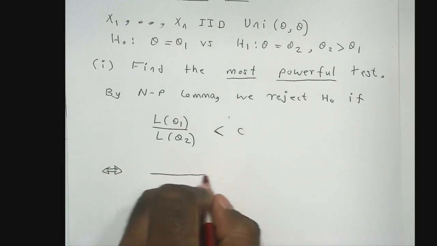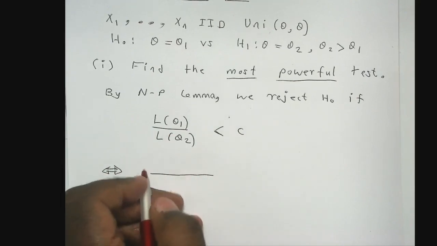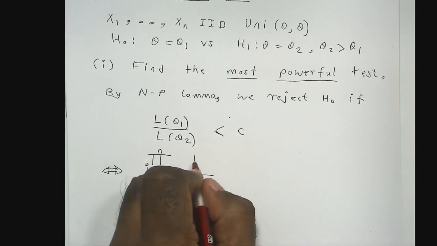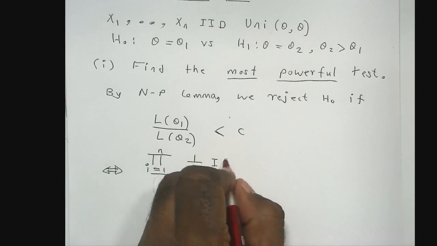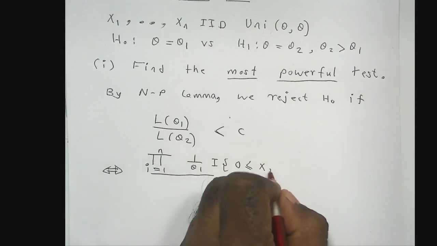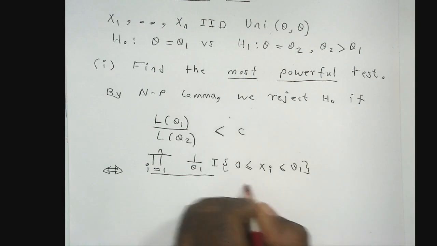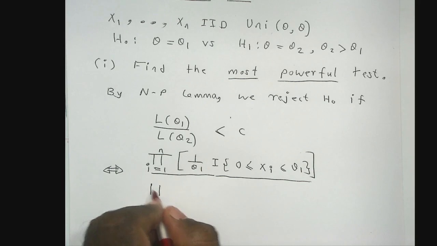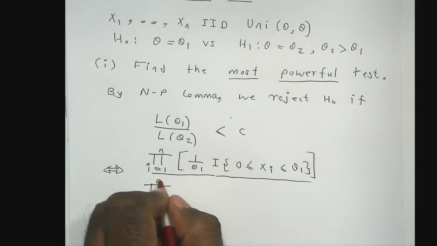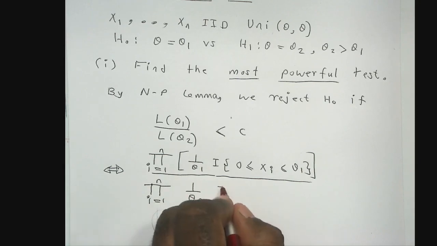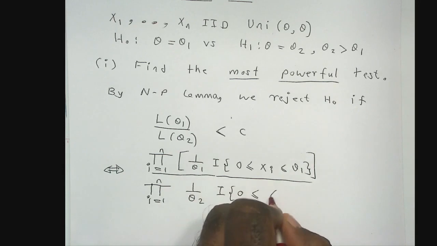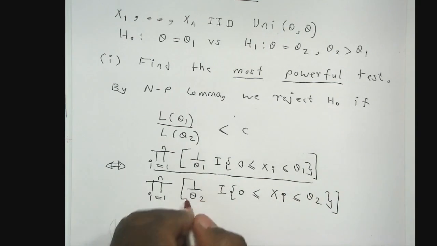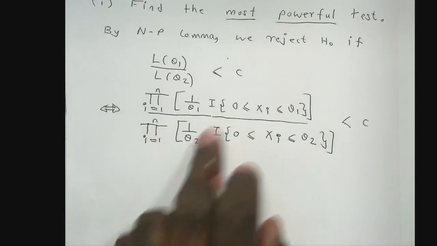Now the likelihood at theta 1 for the sample from the uniform is, do you see where these come from?